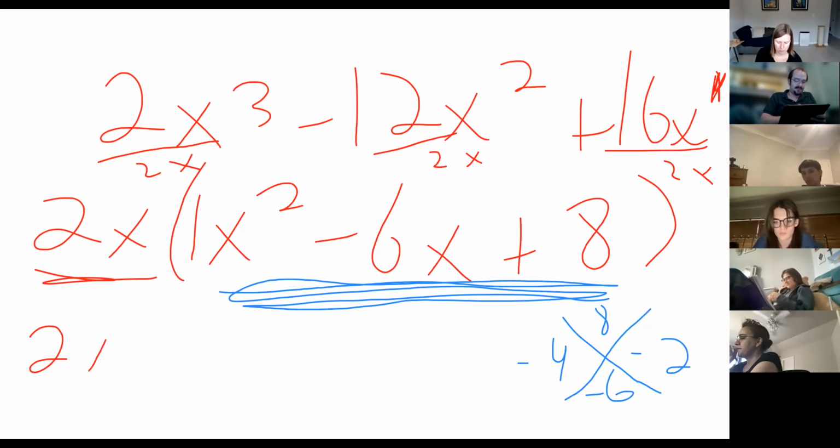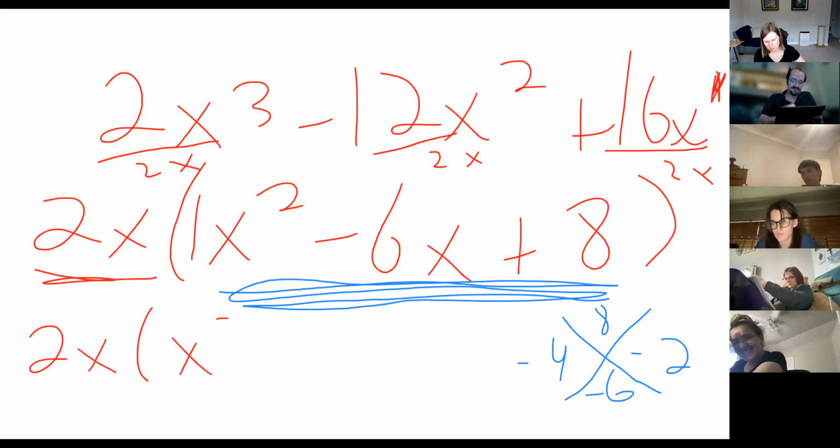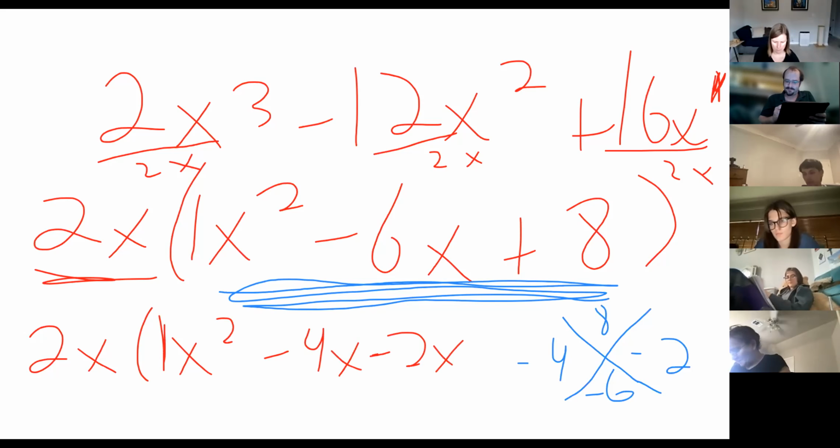So I have a 2x here. Did y'all do AC method? Yes. Okay, yeah, you can do AC method, that's fine. There is a shortcut for these as well, but it only works when this thing is 1.